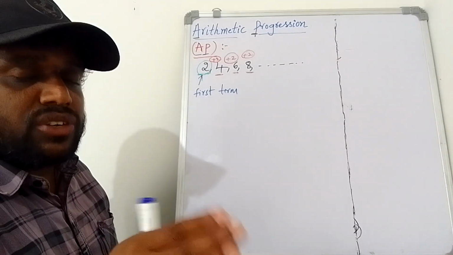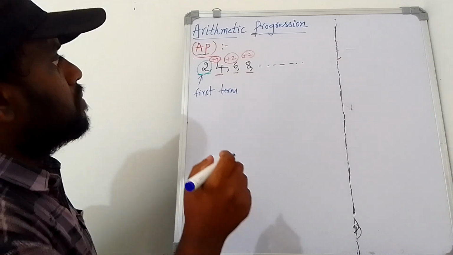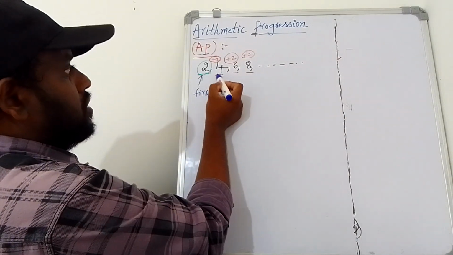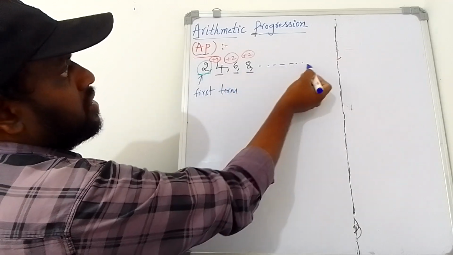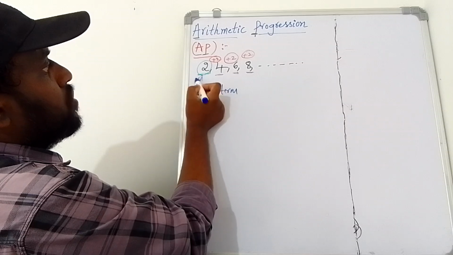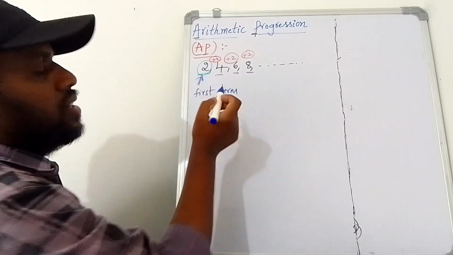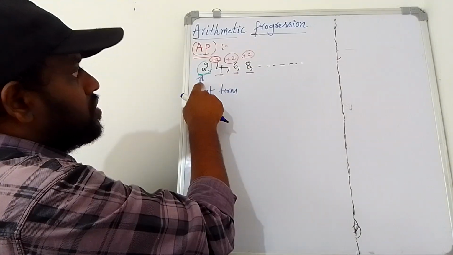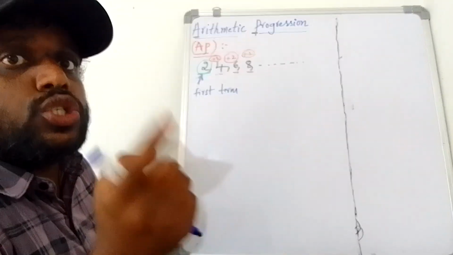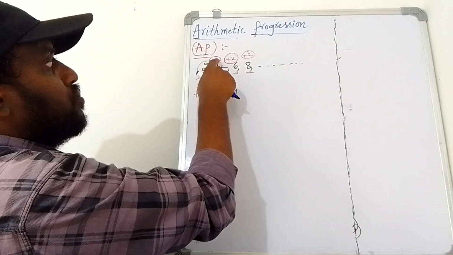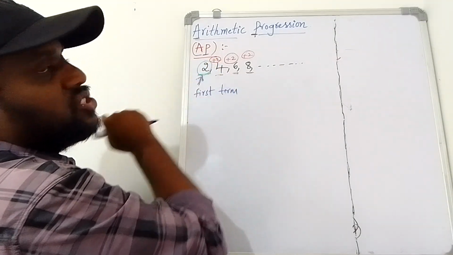Now the definition for AP. Each term, I mean this 4 or 6 or 8 etc., except the first term, in a list of numbers is obtained by adding a fixed number to the previous term.